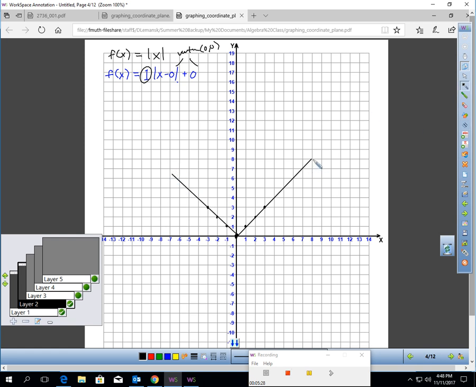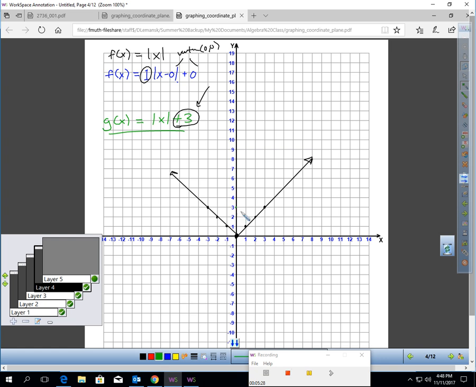Okay? Now, g of x should then be easy. g of x equals absolute value x plus 3. Now this plus 3 that I'm going to circle, this is telling me to take this graph and move it up 3. Well, that's easy now. So I'm just going to get a green pen so it will match my color.